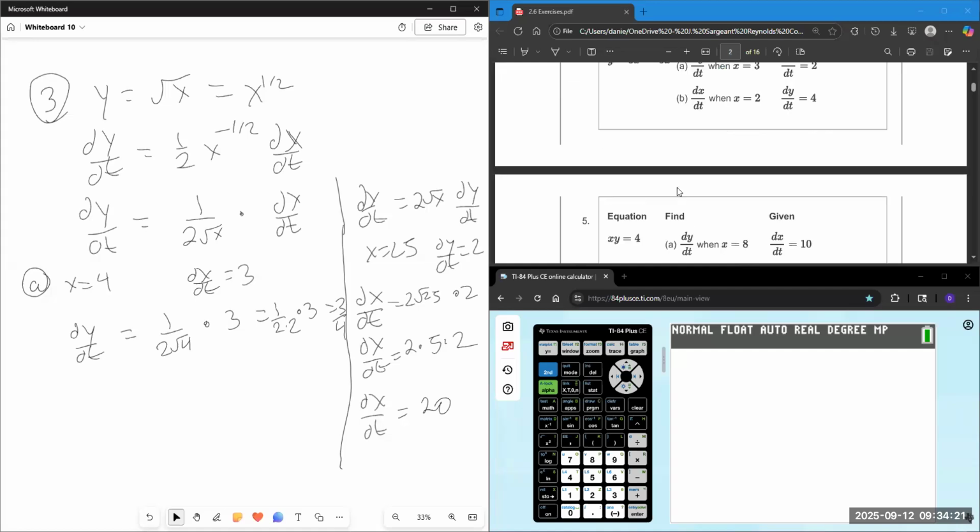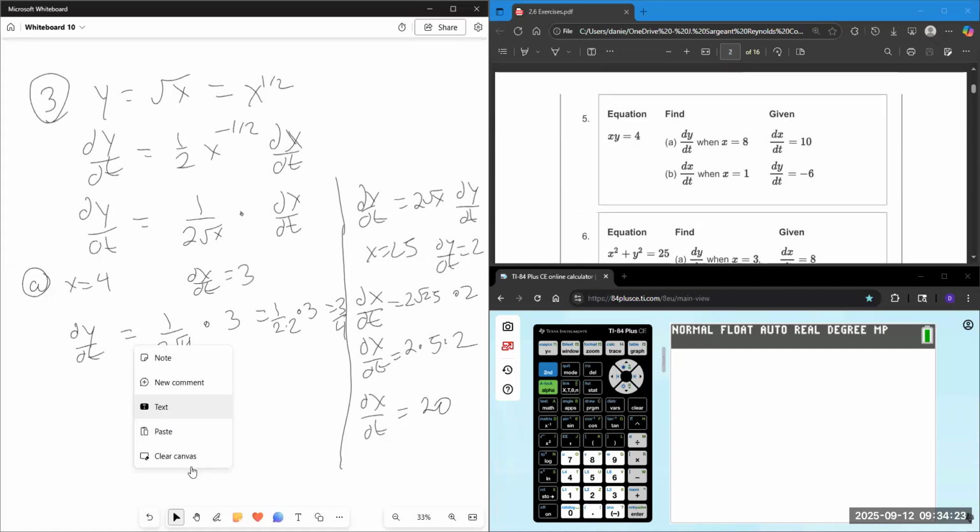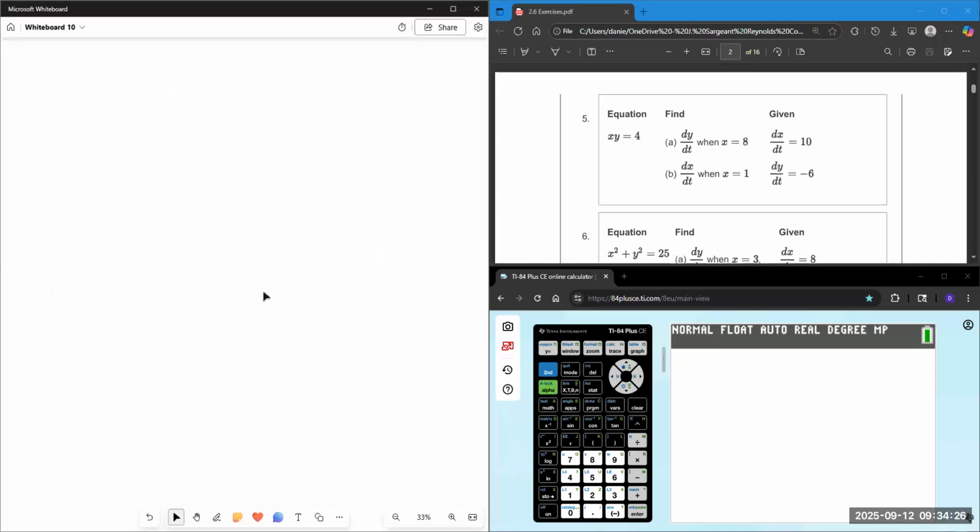So 5 says that xy equals 4. So I can write that as x equals 4/y, or that can be written as y equals 4/x. I might need those given one of the variables. I might need to solve for the other one here in just a minute. So let's differentiate.